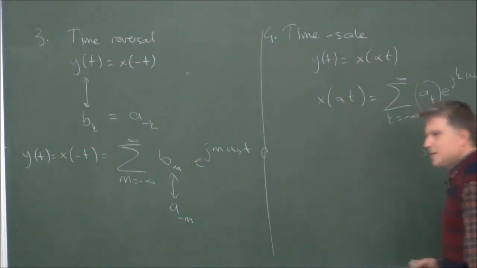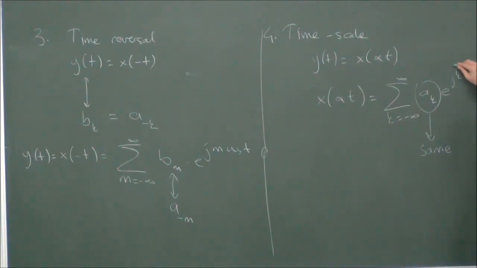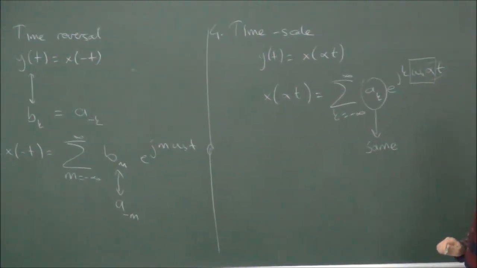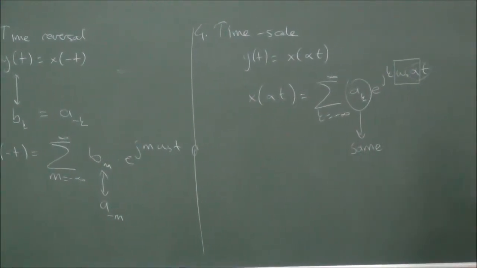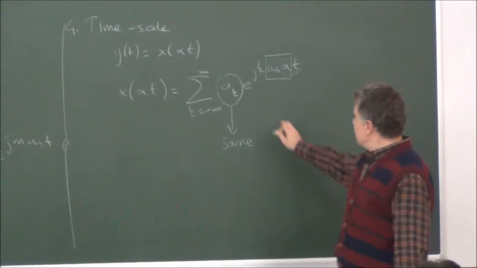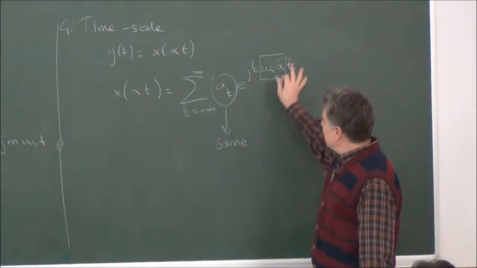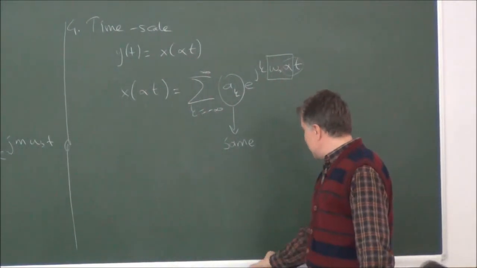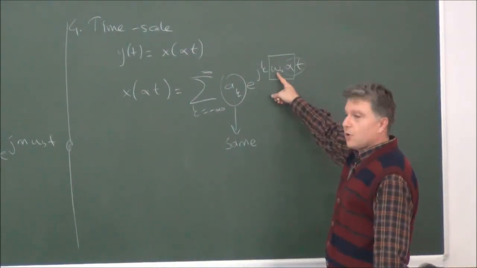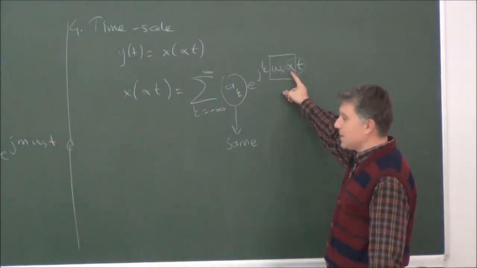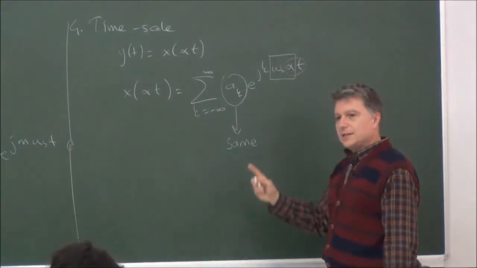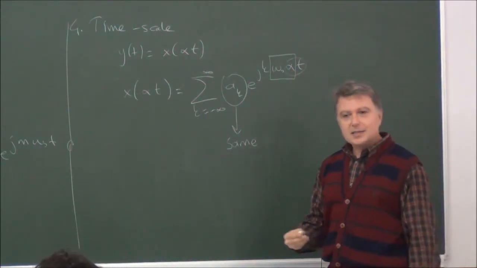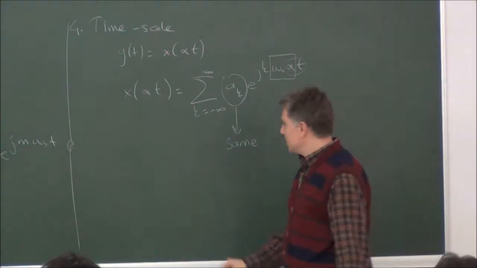The thing that changes is this. Omega 0 changes. Here, the only difference between this expression and the previous expression is that instead of omega 0 only, now we have omega 0 times alpha. So it's not the Fourier series coefficients that change, it's omega 0 that changes.